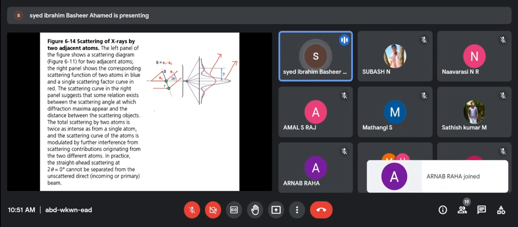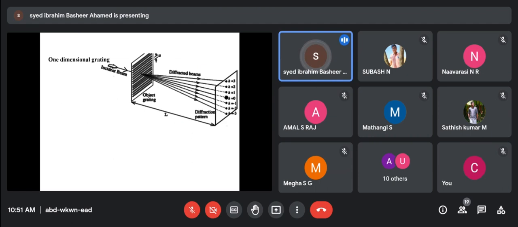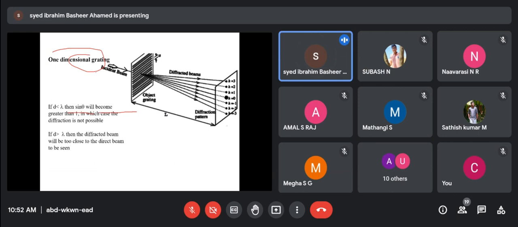This is just to understand how we interpret the intensity or reflection from the diffraction. Take a one-dimensional grating. Here the object is normal, and you get an inverse image, right? So we obtain an image which is reciprocal and normal to the object from the one-dimensional grating.